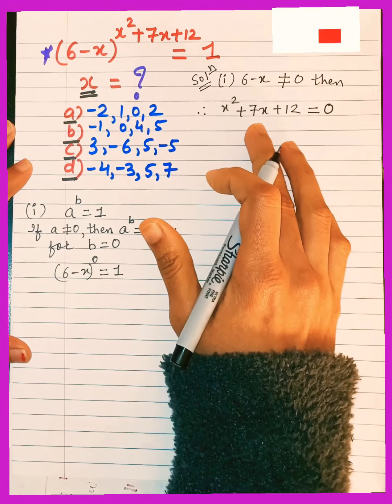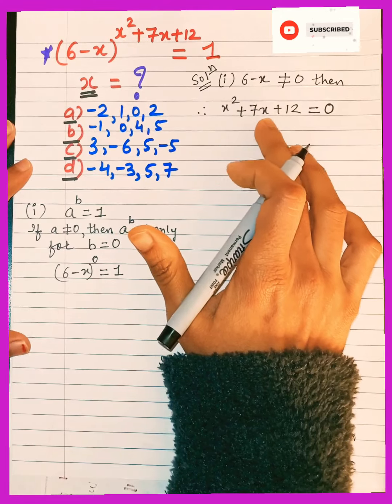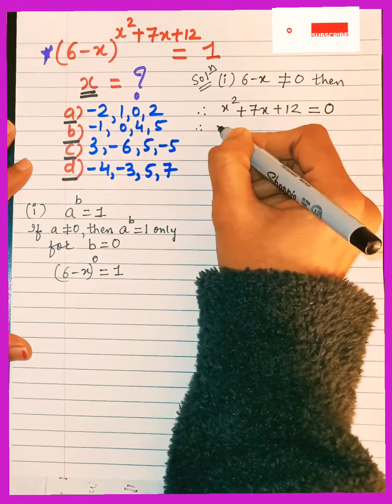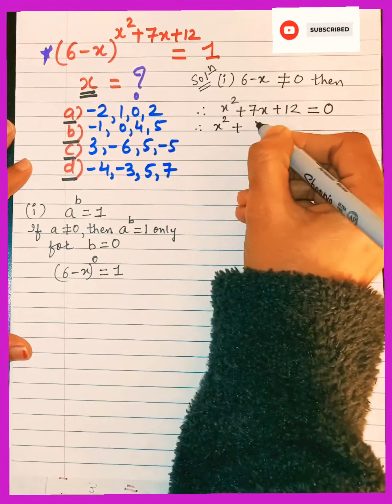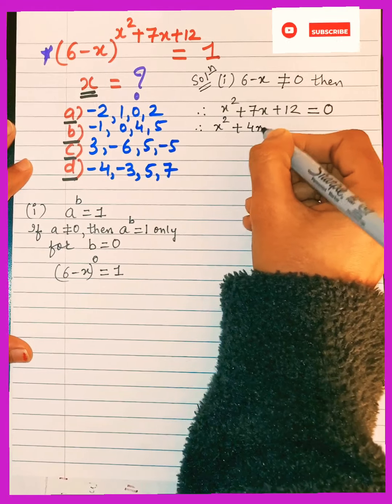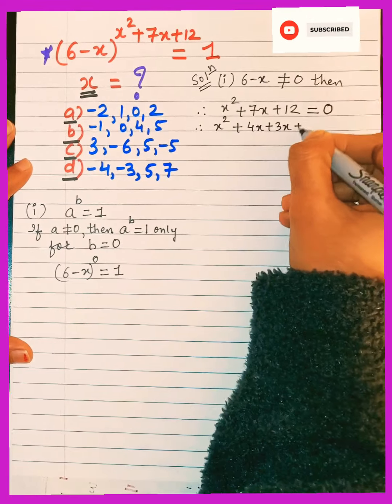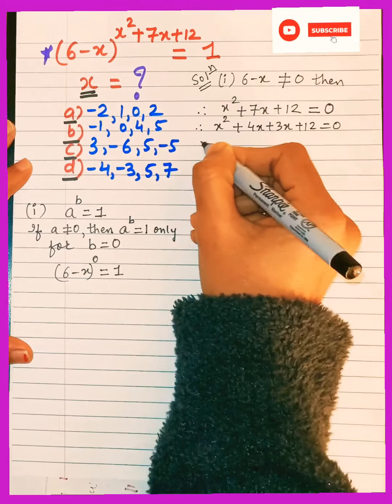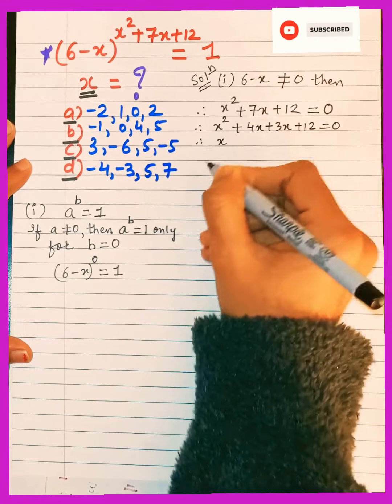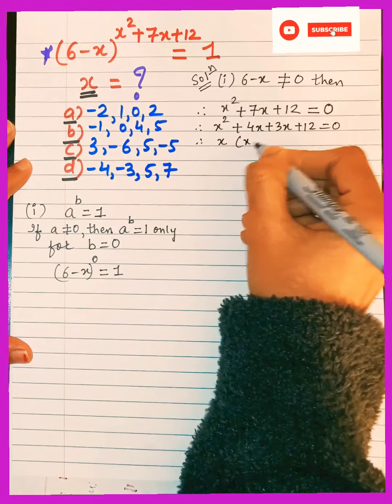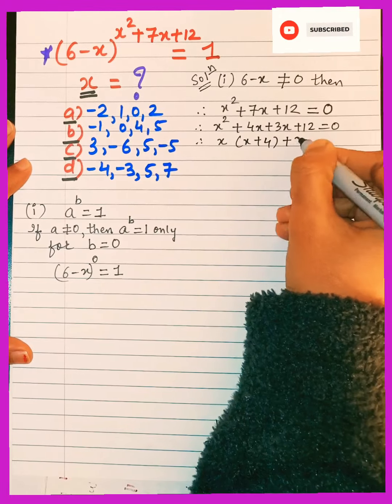Now we will solve this and get the value of x by splitting the middle term. The middle term is 7x. Factorization: 7x can be written as 4x plus 3x, so x square plus 4x plus 3x plus 12 equals 0. Taking common factors, we get x(x plus 4) plus 3(x plus 4) equals 0.